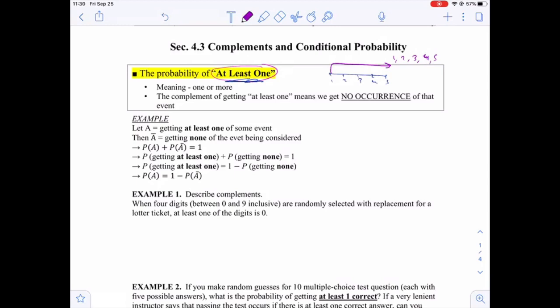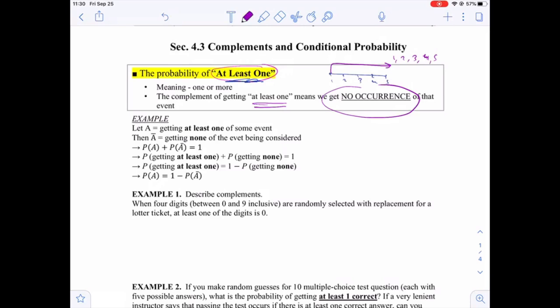So what is the complement of that? The complement of at least one is none of them. So the complement of getting at least one means we get non-occurrence of the event.